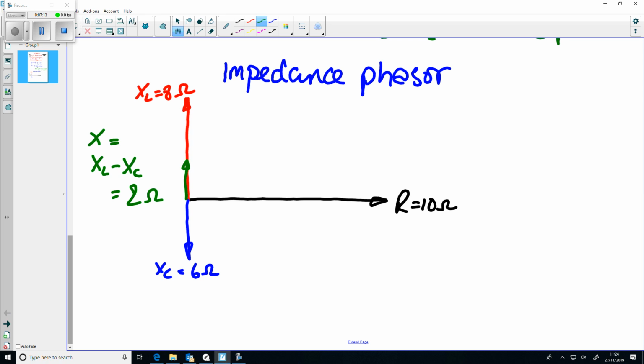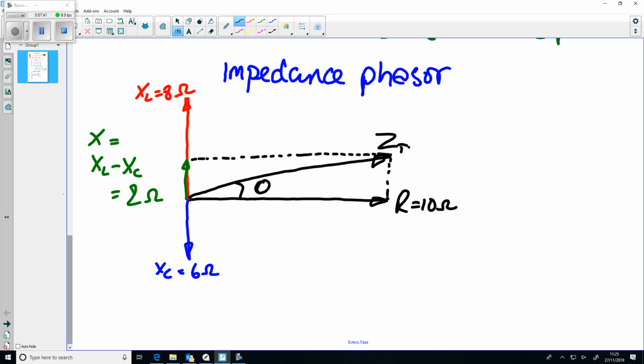That controls the resultant phasor, which I'm going to do in black. We complete that parallelogram, and that in there is ZT, and that's got an angle in there, like so.